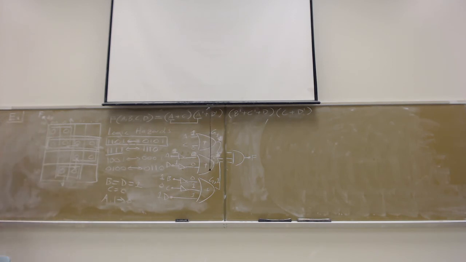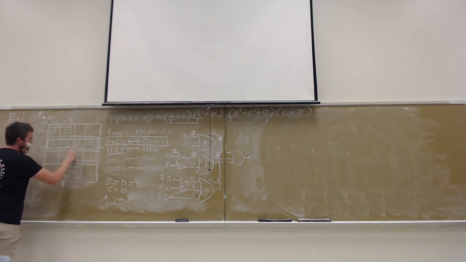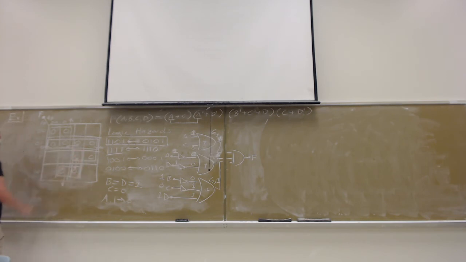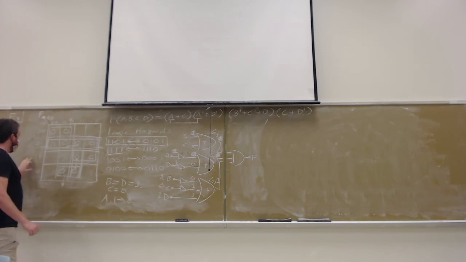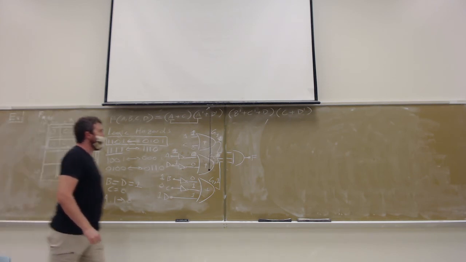Next up, we've got to group these guys. We'll do a group of 2 here. And that'll be what? 1, 1, and C is equal to 1. So that'll be A prime or B prime or C prime.